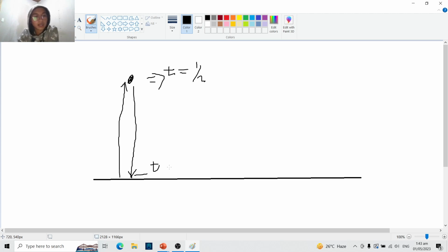Example, paglabay nimo sa bato, ang overall niya nga distance cover, time travel is 2 seconds. Meaning to say, kaning diri nga time, since katunga man siya sa overall nga distance time travel, so t equals 1 second.